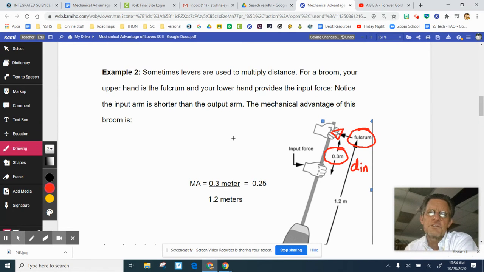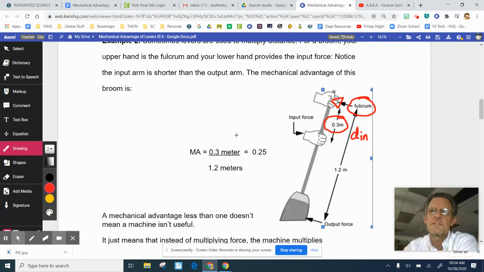And then some of this looks like it's overlapping. We're actually measuring from the same spot, the fulcrum, beyond that all the way to where the output force is. So your 1.2 meters would be your D out. And when we take distance in divided by distance out, 0.3 meters divided by 1.2 meters, we get 0.25. So you do have a mechanical advantage here that is less than 1.